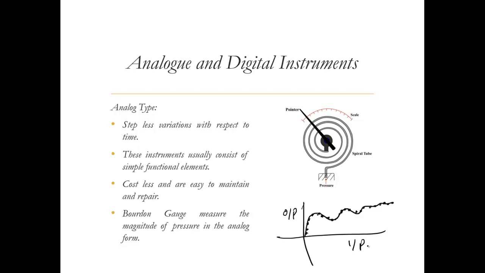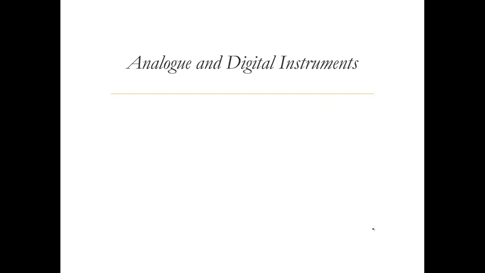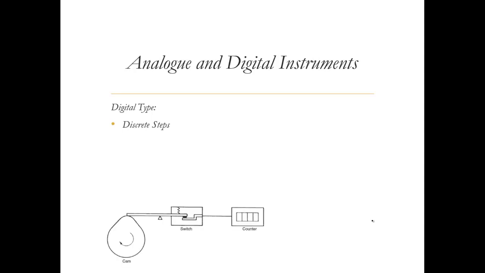For a given input, rather than this, we have something called the digital type, where we have discrete steps. We don't have a continuous signal or a continuous output. We have discrete, specific outputs. An example is when we want to measure the rotation or the number of revolutions of a shaft, using a cam in this case. If we mount a cam on a shaft, we can measure the number of revolutions of the shaft.